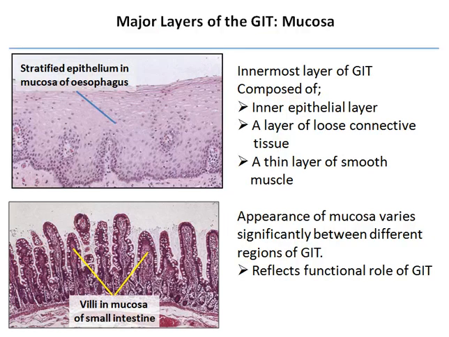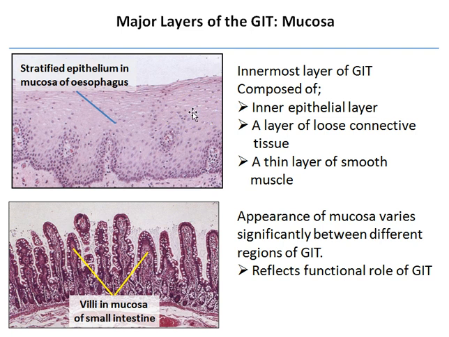This slide shows you a magnified view of the innermost layer of the gastrointestinal tract, the mucosa, as it appears in the esophagus and in the small intestine. Now wherever you are, this mucosa will contain an epithelial layer. This epithelial layer is in contact with the food.